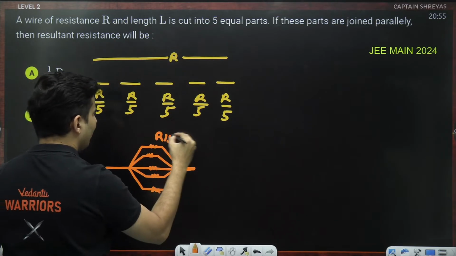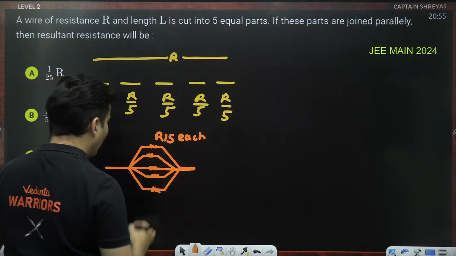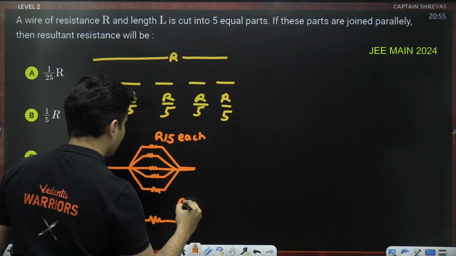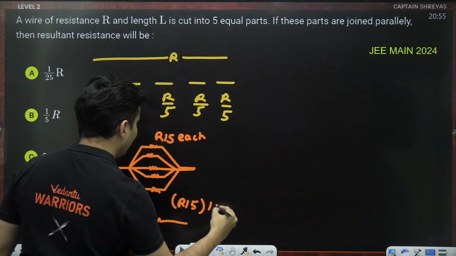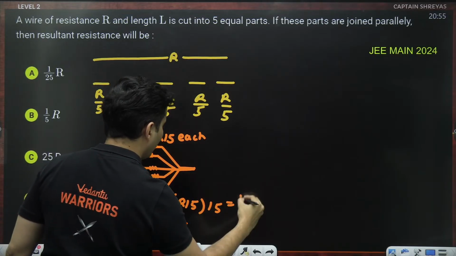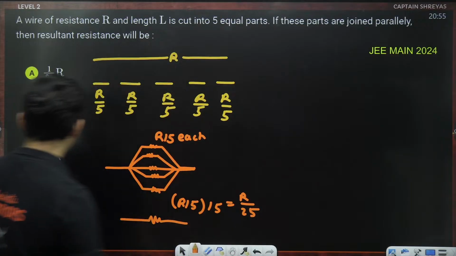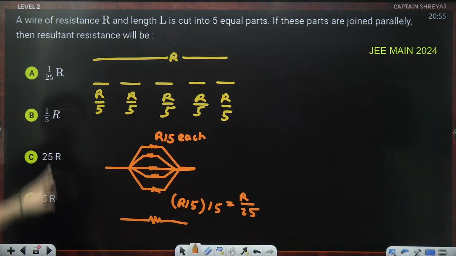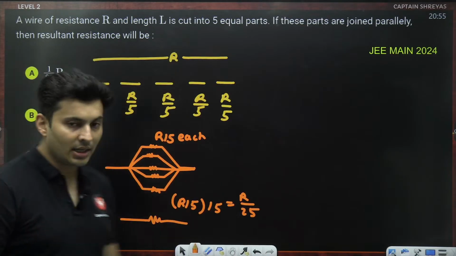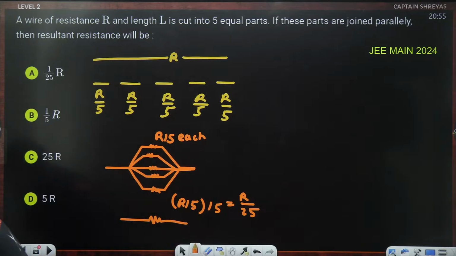So R by 5 each. What will be the equivalent resistance? R by 5, the whole thing divided by 5, which is R by 25. Is it there? Yes, option A is there. Perfect.